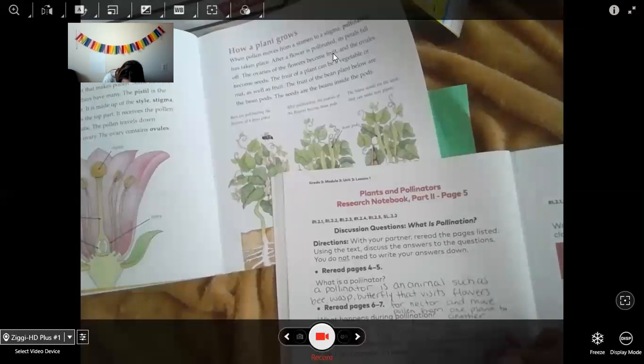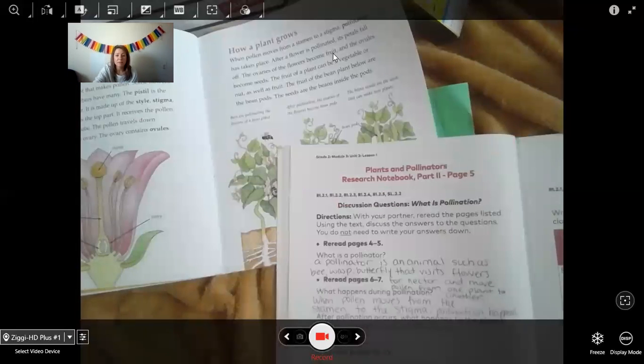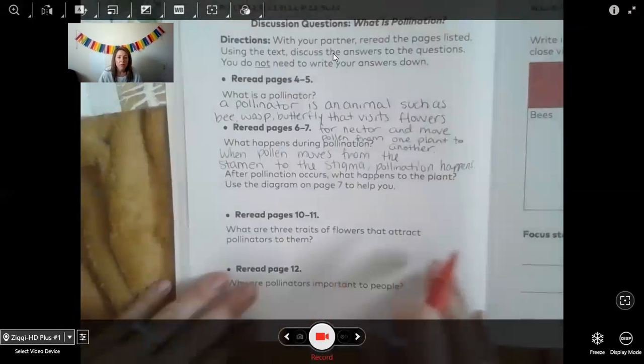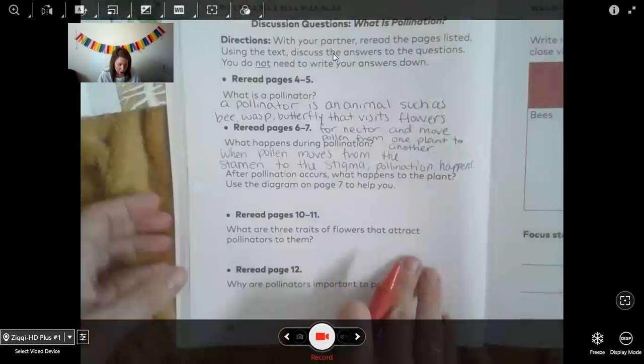So it has to move in order for pollination to occur or to happen.